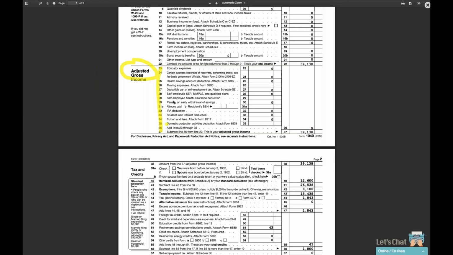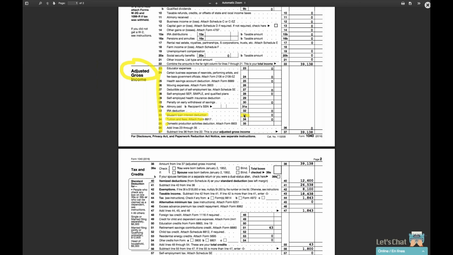So I'll give you some examples, right? Here's something that we have been talking about: tuition and fees, or student loan deductions, right? That's going to make your income lower, not literally lower, but at the end of the year you reported $50,000 in income, and then you have a deduction of, let's say, $1,000 of interest deduction.